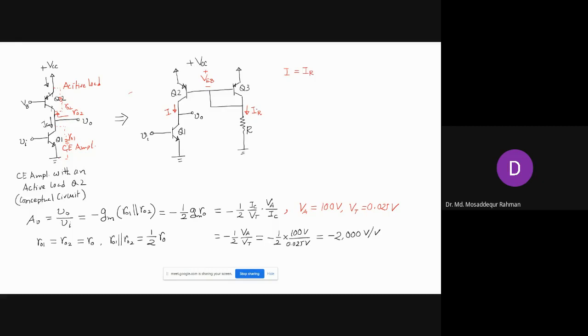Now, what will be IR in this case? So VEB by R. VEB by R, are you sure? VEB is the voltage here, no? Okay.